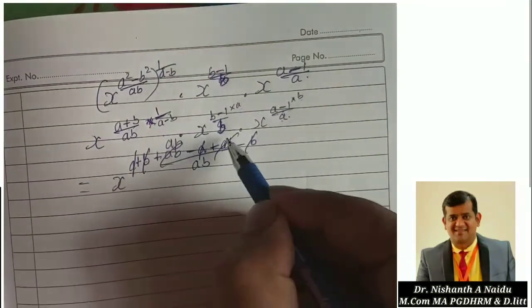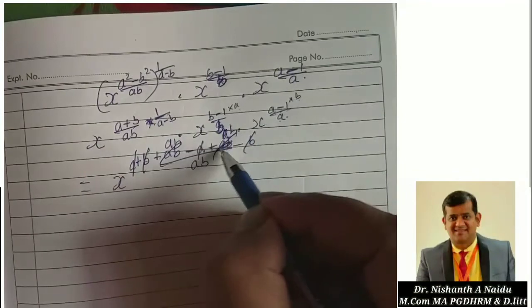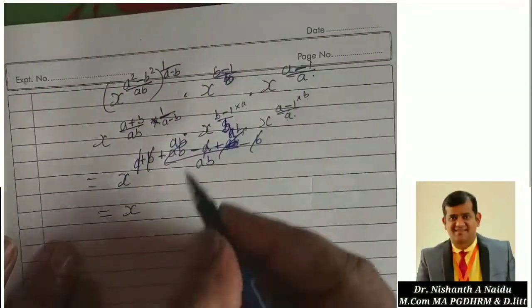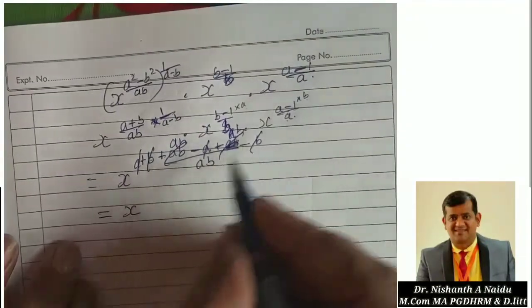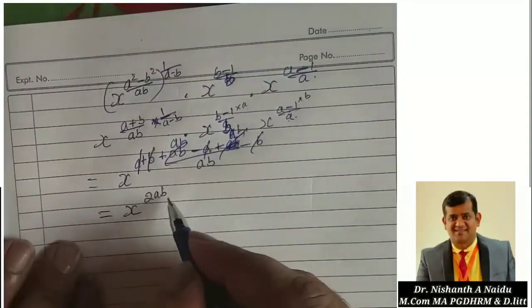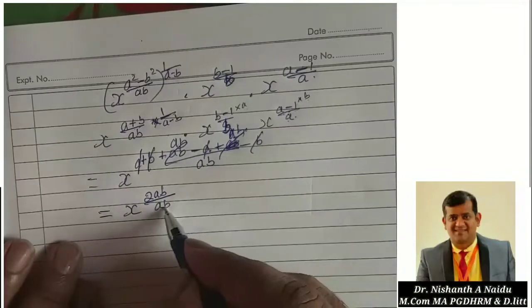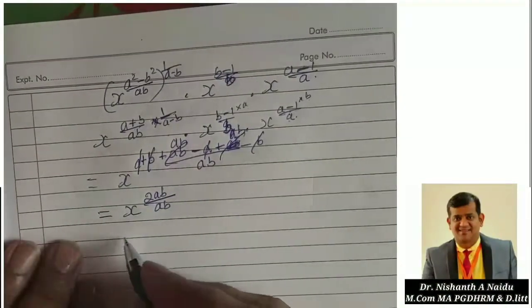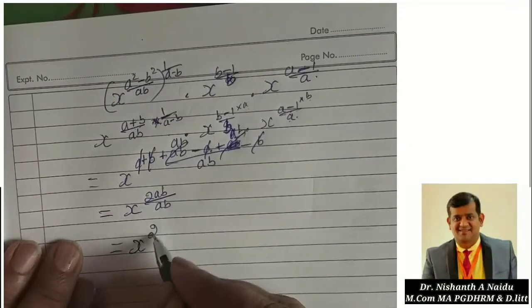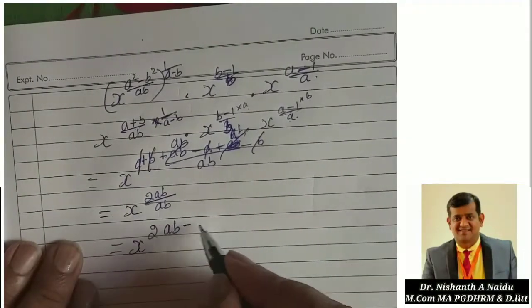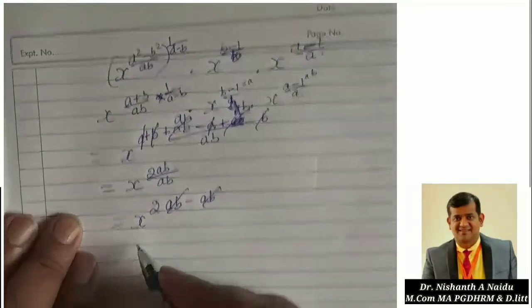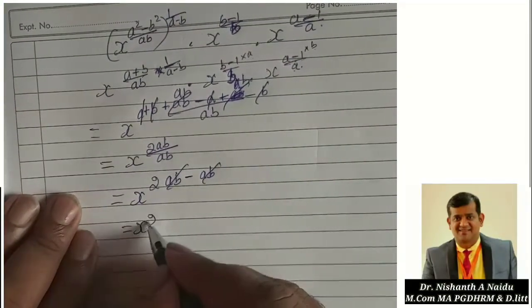This is AB and AB remains same. So you cannot cancel. So that is equals to x to the power of plus AB, that is 2AB divided by AB. So now if you carry this, x to the power of 2AB minus AB, so that is plus AB minus AB get cancelled, so left out is x to the power of 2.